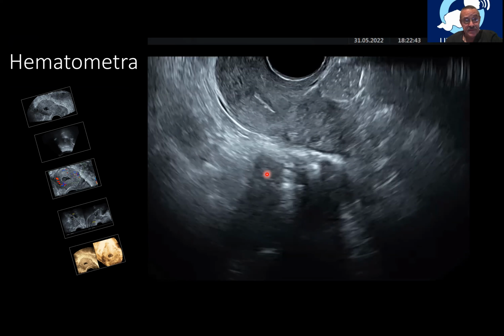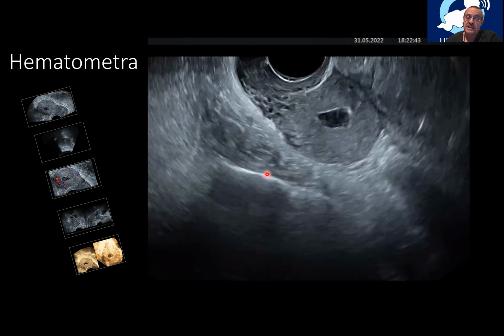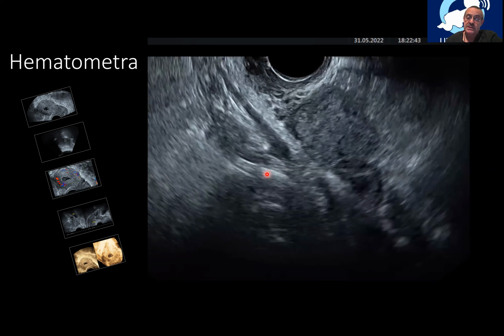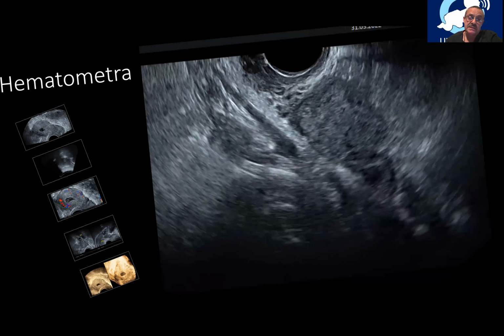There's another type of collection, which is frankly in the endometrial cavity, not on the isthmus, not on the previous section scar area, and we call that hematometra, and we will see some images pointing to that diagnosis.